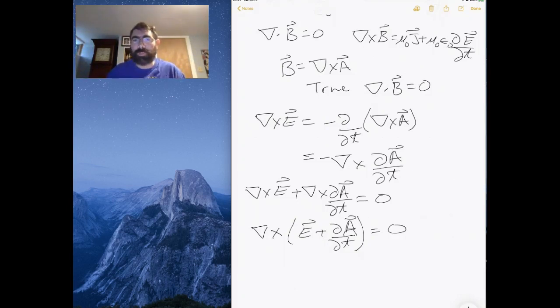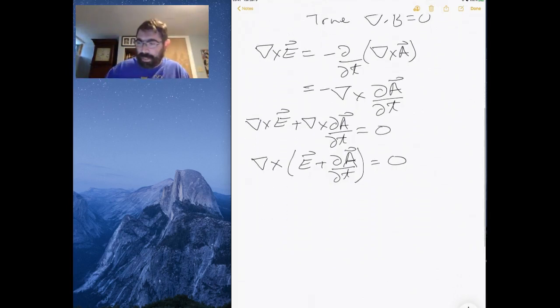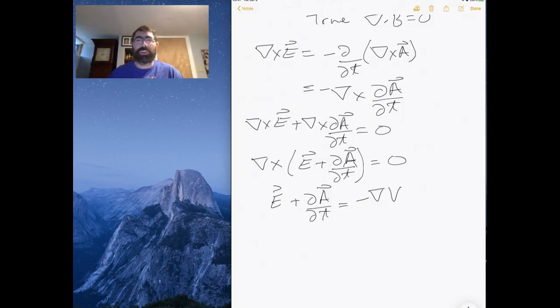Now if you remember from the beginning of the course that the curl of a vector function that's equal to 0, I can write that vector function now as minus the gradient of a scalar function. So I can write this now as the electric field plus the derivative with respect to time of a vector potential is equal to minus the gradient of a scalar function, which we call the electric potential.